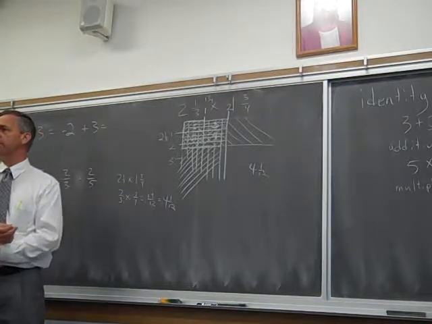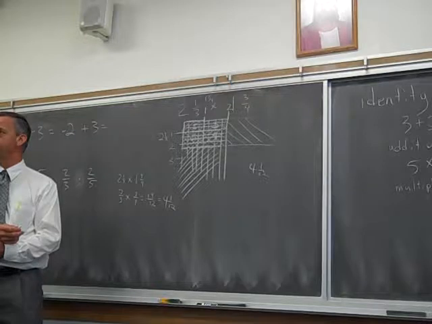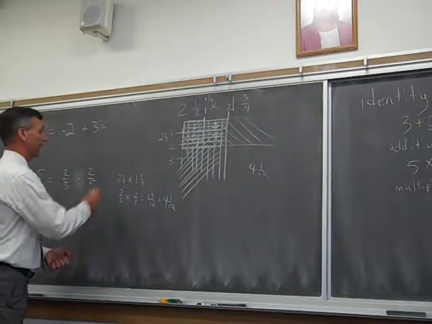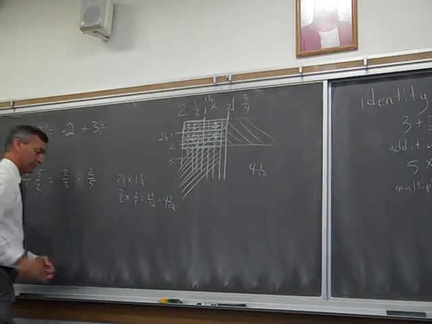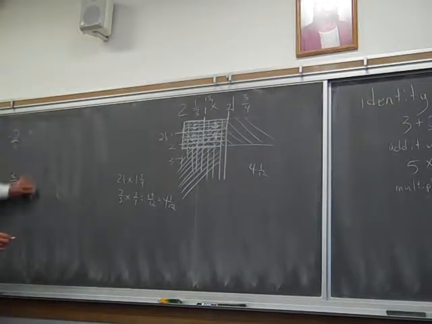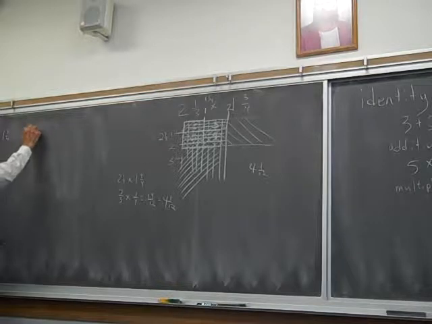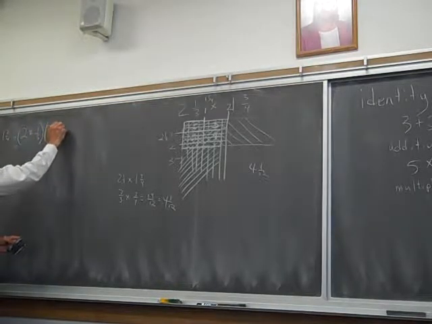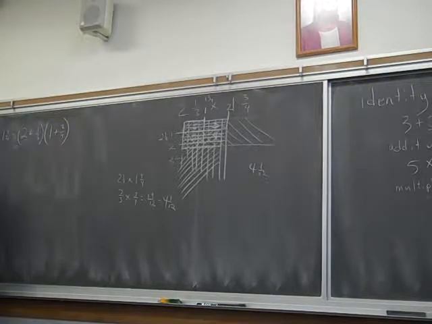Anybody know another way to do this? Well, do you agree that 2 1/3 times 1 3/4 is the same as 2 plus 1/3 times 1 plus 3/4? Would you buy into that?